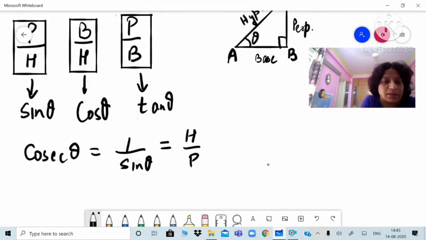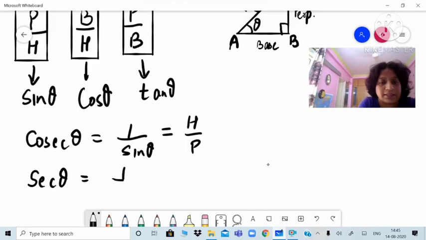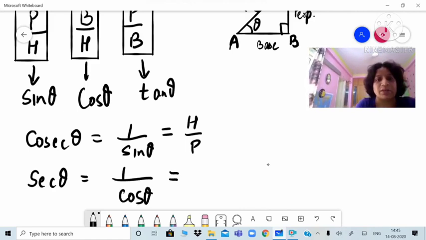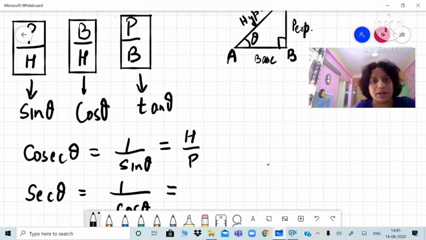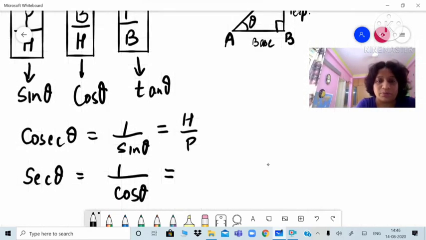And the reciprocal of cos is secant theta. So cos theta was base upon hypotenuse, and the reciprocal of base upon hypotenuse is hypotenuse upon base.